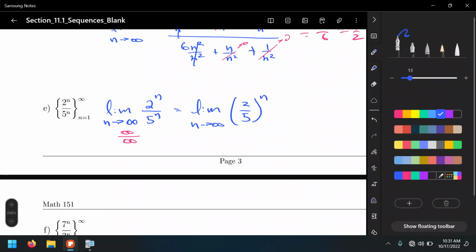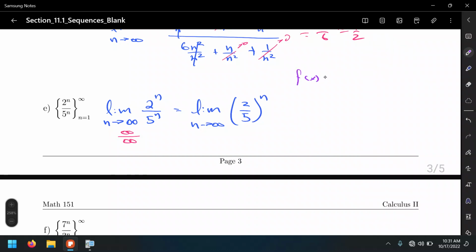We have an exponential function f of x equals a to the x, where if a is a number between 0, not equal to 0, and 1, we have a decreasing function. And if a is a number greater than 1, we have an increasing function.